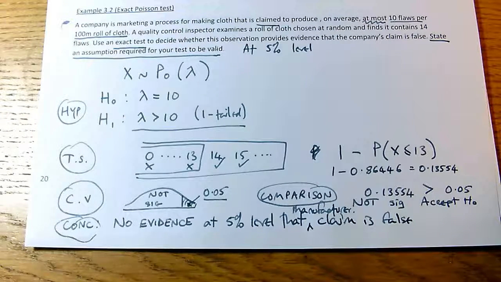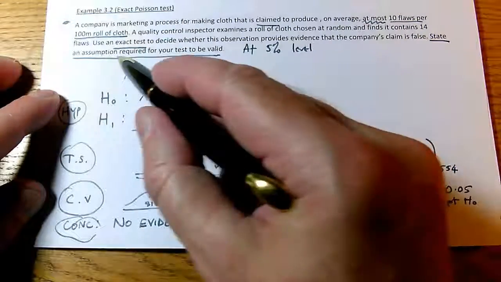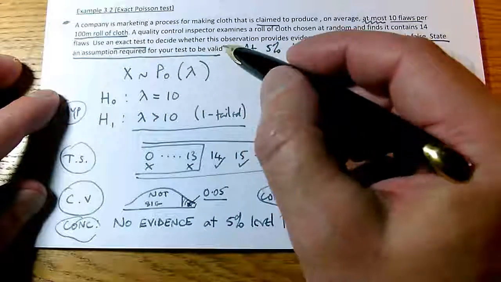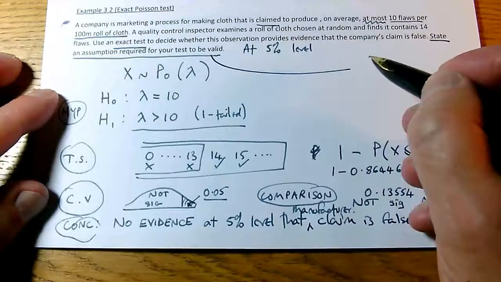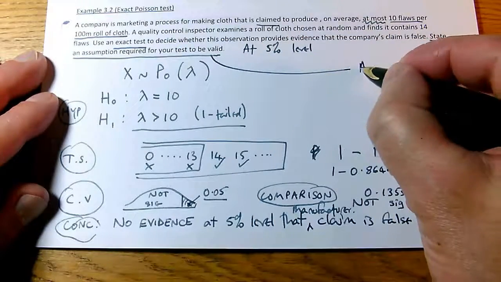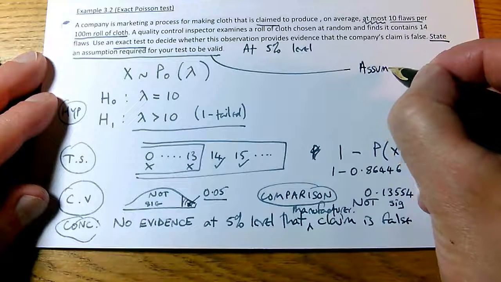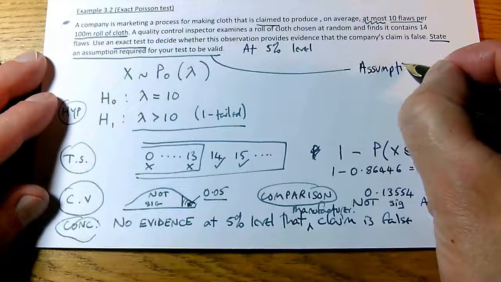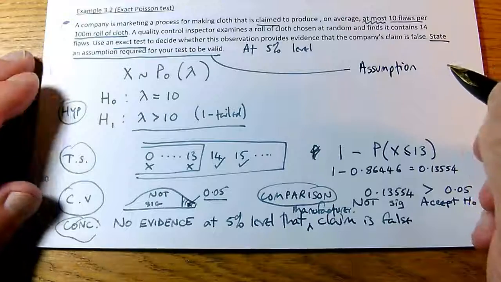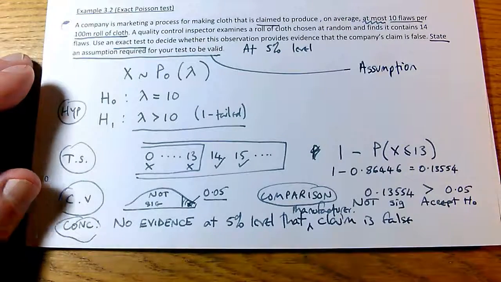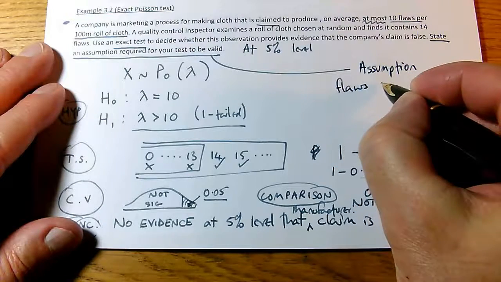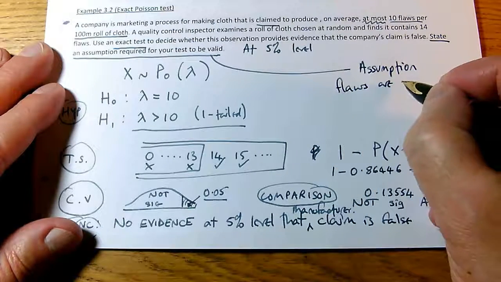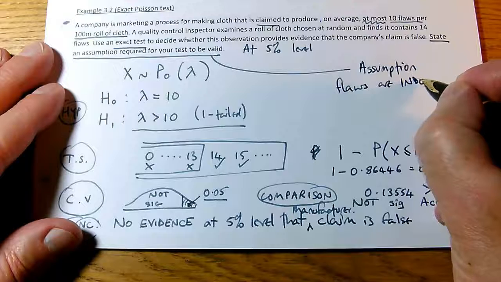Lovely, that one's done. Oh no, it isn't, because I had to state the assumption required for your test to be valid. I can't fit it in here, but for the last part of the question, we need to assume the conditions for a Poisson. So we are counting the number of flaws in a fixed space, but the flaws need to be two things.